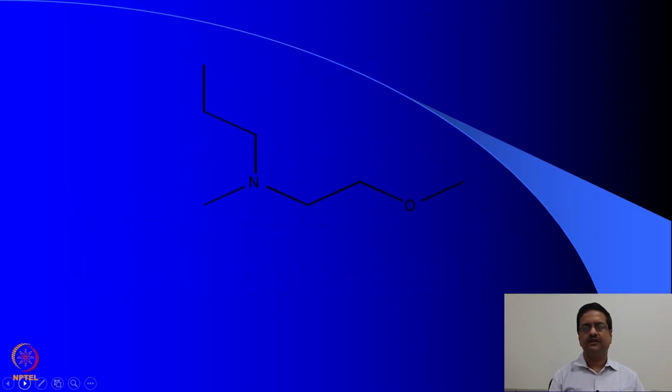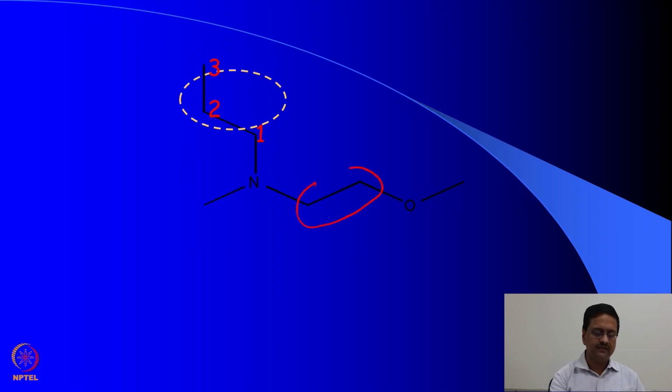So, applying the same logic, what should be the name of this compound? If we carefully see, the longest chain is now different. It is not the central CC bond which was the earlier case, but in this case the side chain with 3 carbon atoms is the longest chain. So, it is a derivative of propane 1 amine.